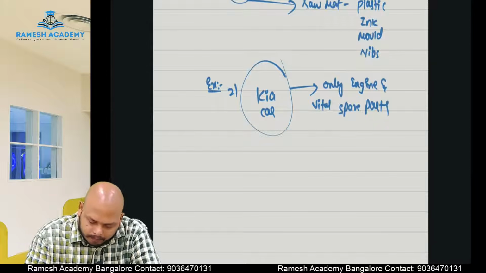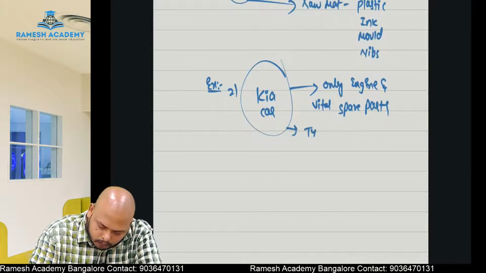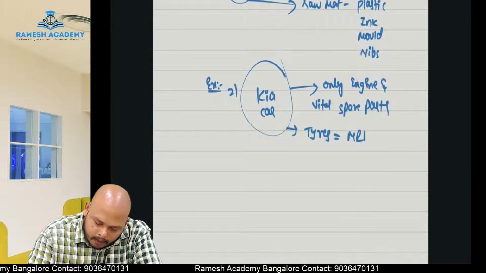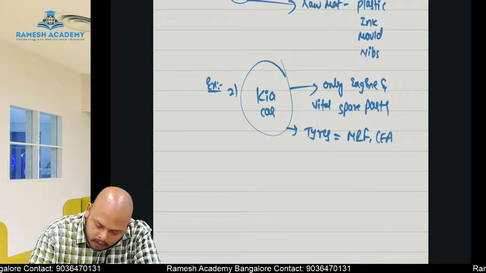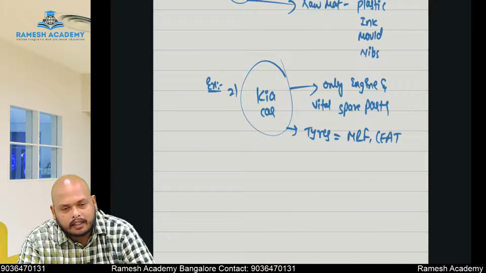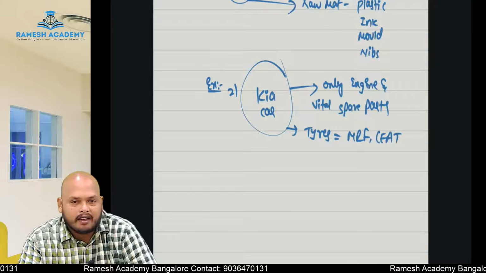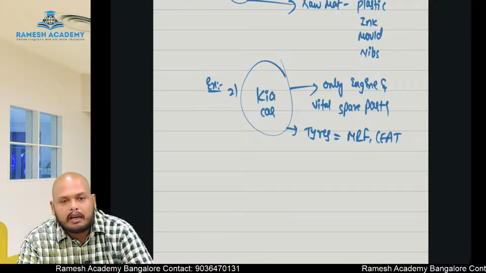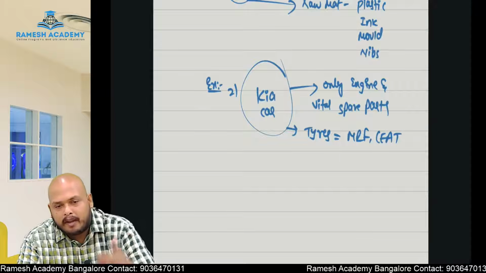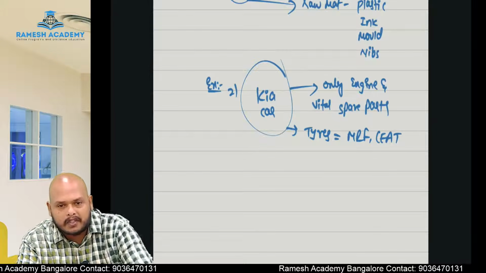If you see tires, the tires will be MRF or CEAT tires. The tires which we are using for assembling the car, MRF or CEAT is another company. Means for the MRF tires company, tire is a finished good.